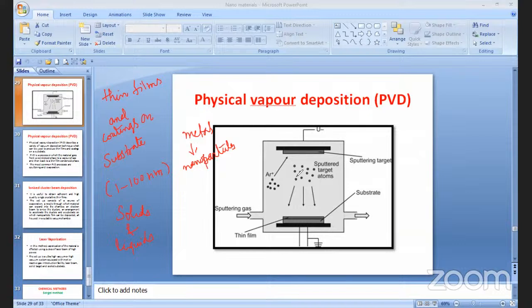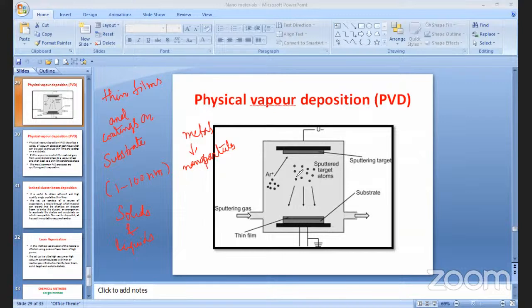The physical vapor deposition method is used to deposit any type of inorganic materials such as metals and alloys, as well as organic materials. Generally, PVD takes place in vacuum conditions, so we use a vacuum inside the chamber.